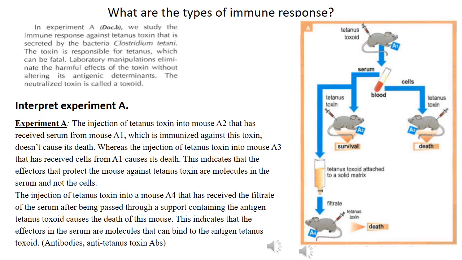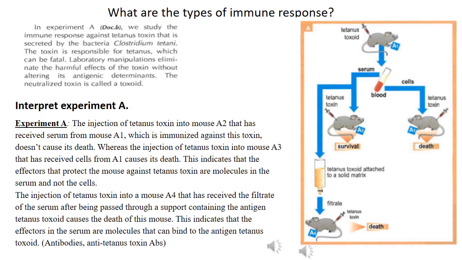The injection of tetanus toxin into mouse A4 that has received the filtrate of the serum after being passed through a support containing the antigen tetanus toxoid causes the death of this mouse. This indicates that the effectors in the serum are molecules that can bind to the antigen tetanus toxoid, and actually these molecules, of course, would be the antibodies, anti-tetanus toxin antibodies.